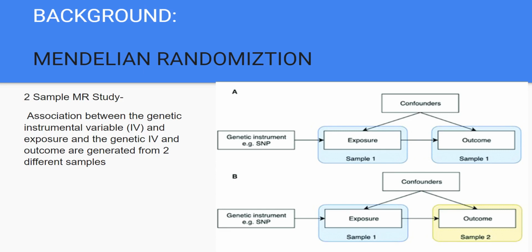So whenever the genotype-exposure and genotype-outcome data come from different sources, meta-analysis can estimate the combined effects by using the two-sample MR study to estimate the size of the exposure, that is the risk factor, and the outcome, or the disease.